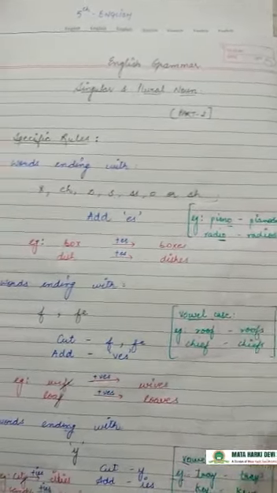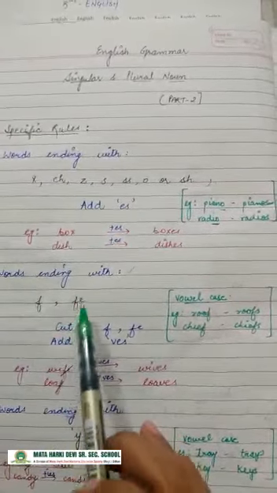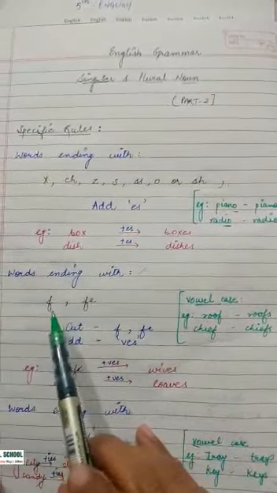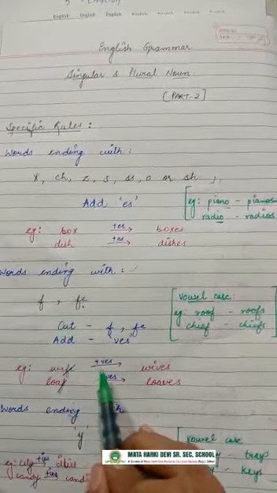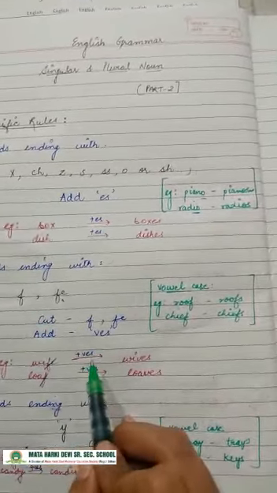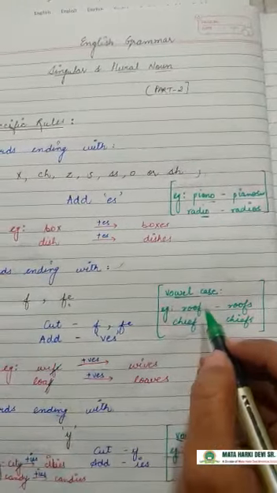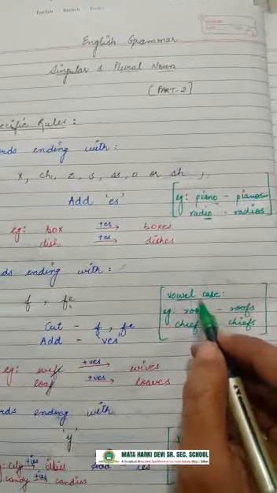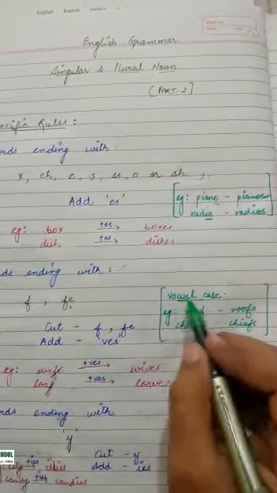Okay. In the second case, we have discussed that the word ending with f or fe, we change it by adding ves to it. But there is also an exception. The word ending with f but the previous letter is a vowel. What are the vowels?